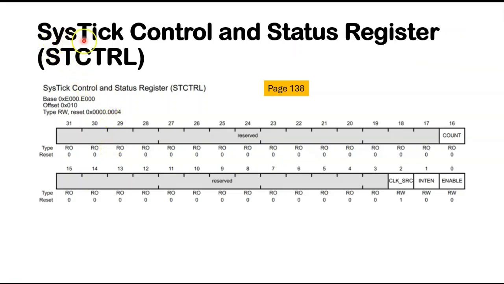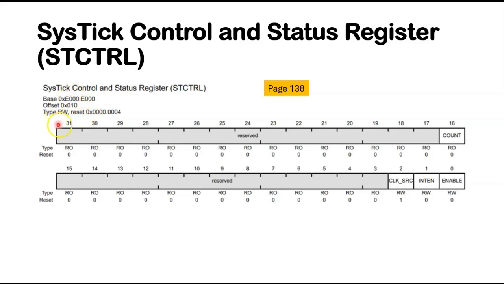So this is the SysTick control and status register, or STCTRL. And I've taken this from page 138 of the datasheet. Now, notice this is the base address and the offset is 010 hex.